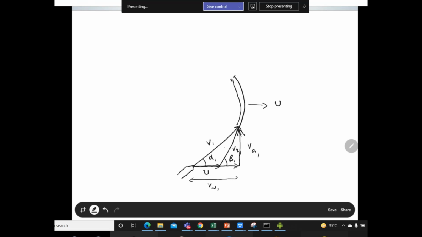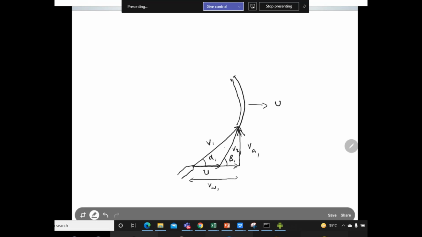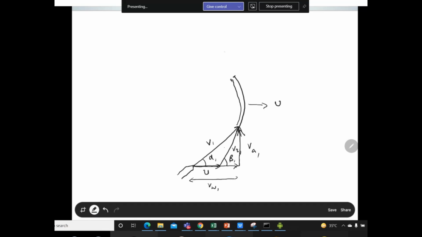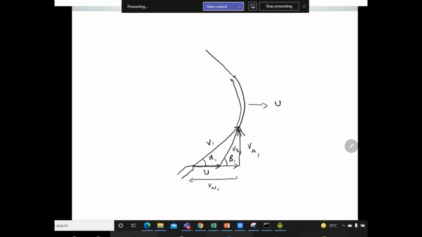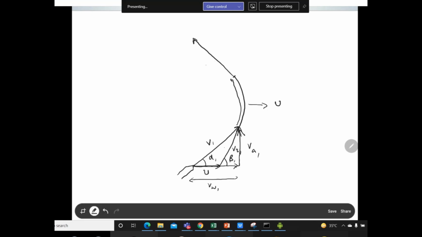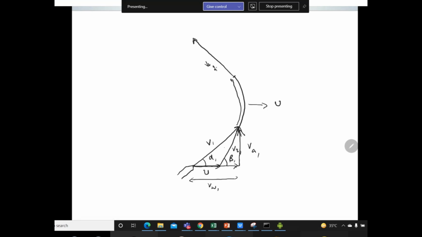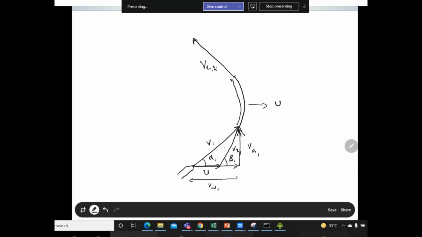So VR2 is the relative velocity at the outlet.